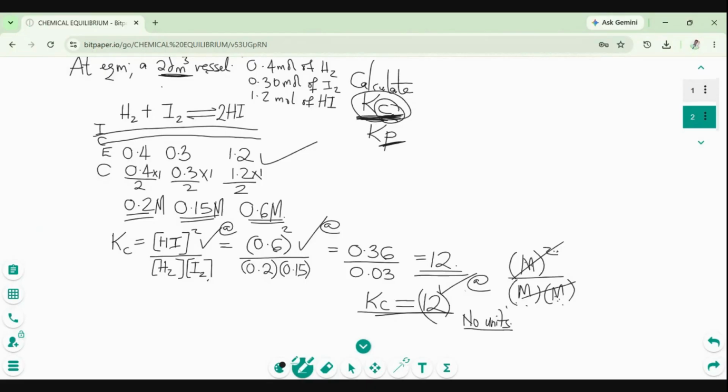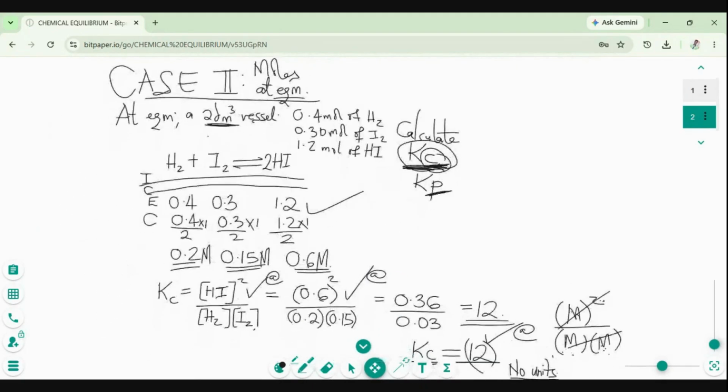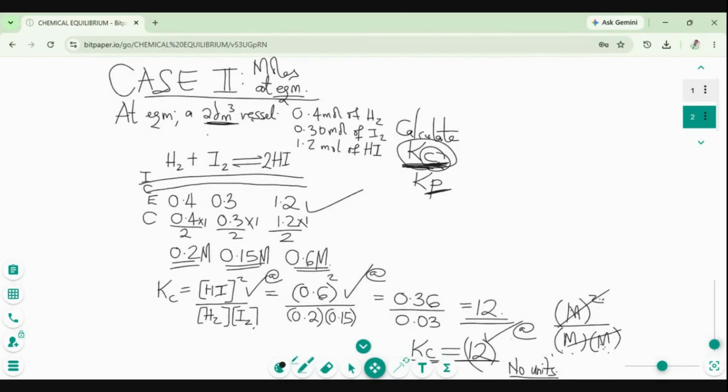Just proceed and go on with the question as per asked by that particular examiner. So that is what we do in case 2, especially if you've been given moles at equilibrium. So when you have moles at equilibrium, go direct, write them there, proceed to get concentration, and then from concentration, finally calculate your Kc expression as we desire it.